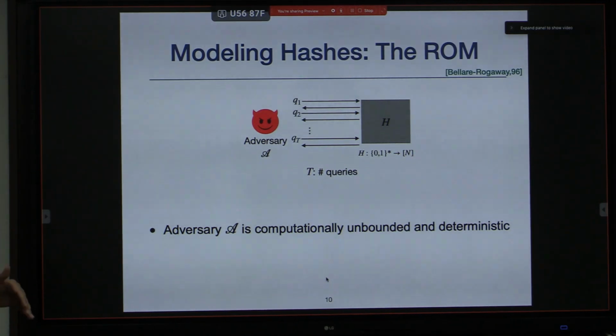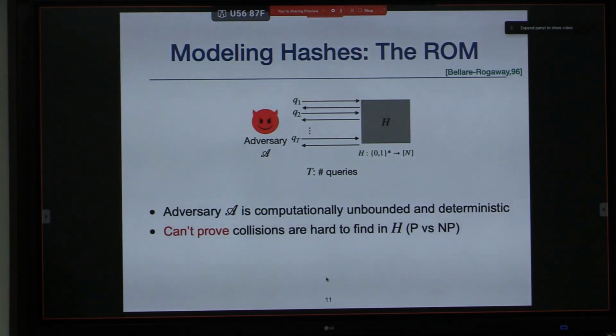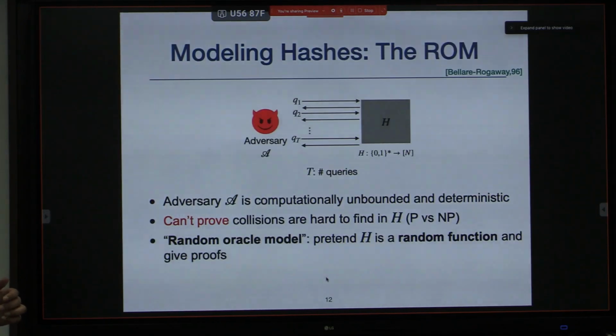But it's not sufficient to just say that we have a hash function on which the adversary is making T queries. We need to make some assumption about the hash function, otherwise we can't prove that collision finding is hard. Because of this being like a P versus NP problem, generally we think of this hash function as a random function.